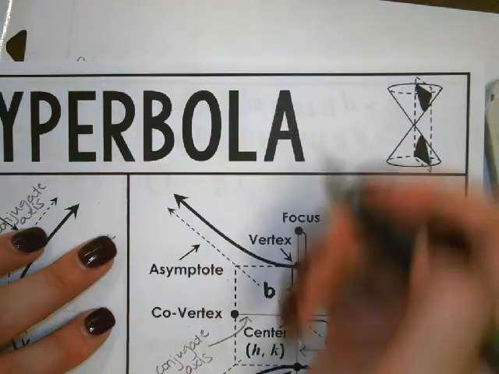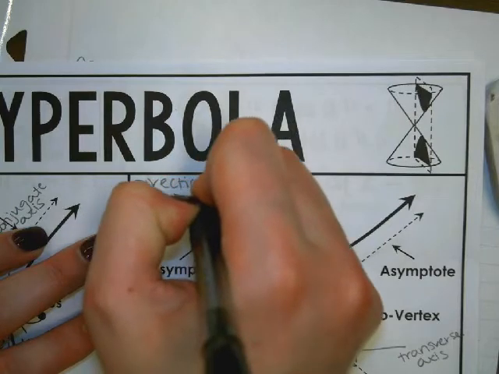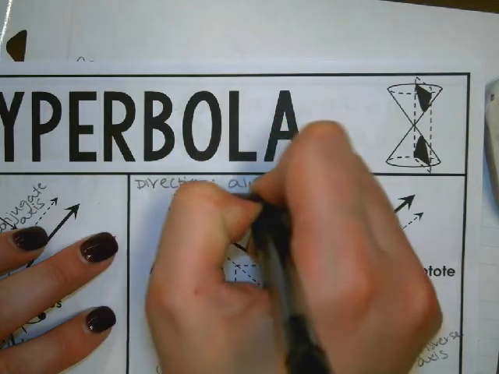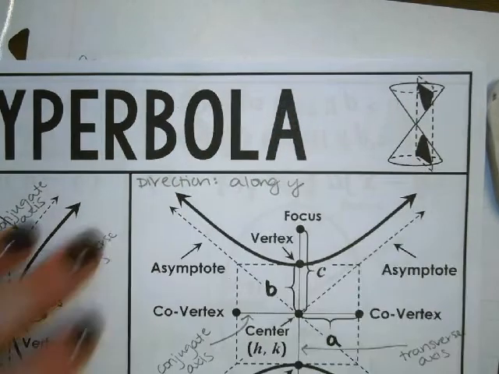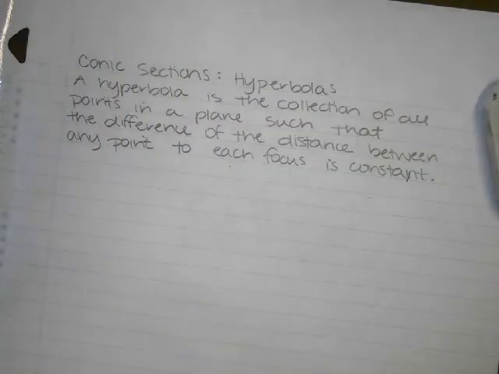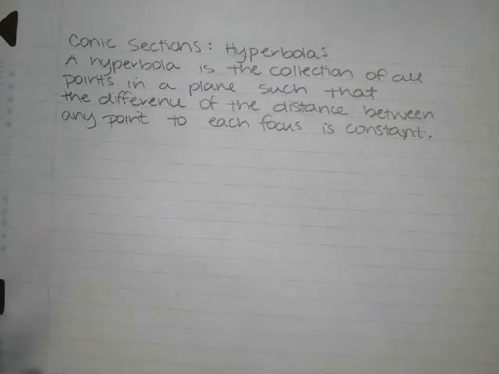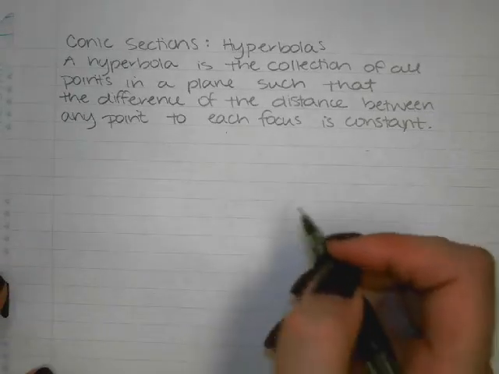And for this one, we would say the direction is along the y-axis. So I think we're good with that stuff. All right, now we're going to go ahead and do one of the problems where I give you an equation in standard form and we just do everything to it. And then after that, we'll look at some of the problems where there's a little bit more solving to do.